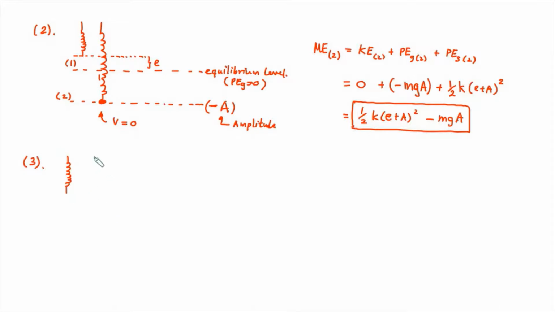And then you have this equilibrium position of the spring mass system when the mass is attached. So that's our equilibrium level. And also that corresponds to potential energy due to gravity equals 0 level.